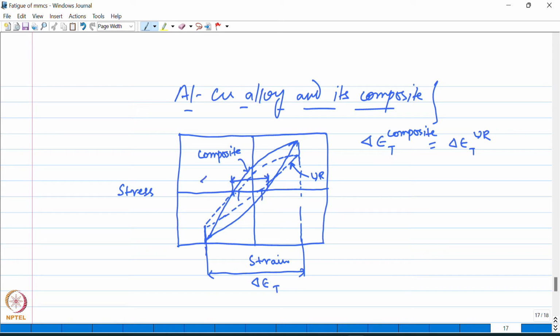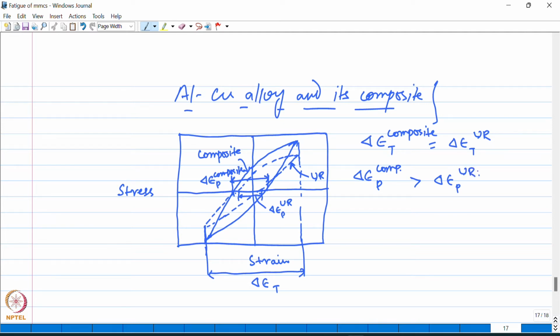This one is for the composite and this is for the unreinforced matrix. Okay. So here you can clearly see that the plastic strain in the composite is greater than that in the unreinforced material.